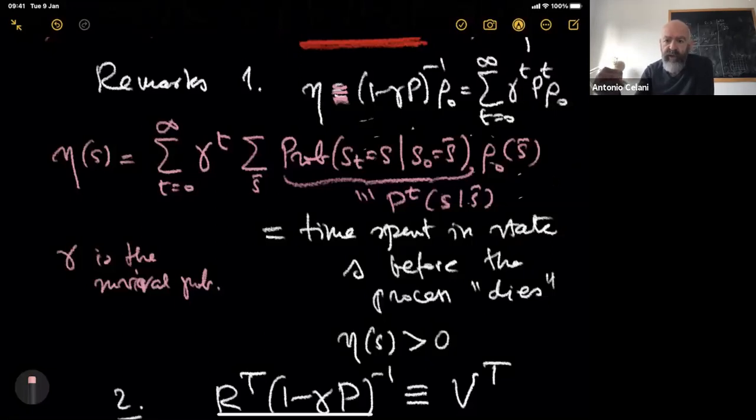Suppose you run a simulation of your stochastic process. You pick a state from your initial distribution, rho naught, and then you let it evolve according to your stochastic process. And every time that it is in state S, you put a 1. And then you kill the process with probability 1 minus gamma. If you do that, this object would be exactly this eta of S.